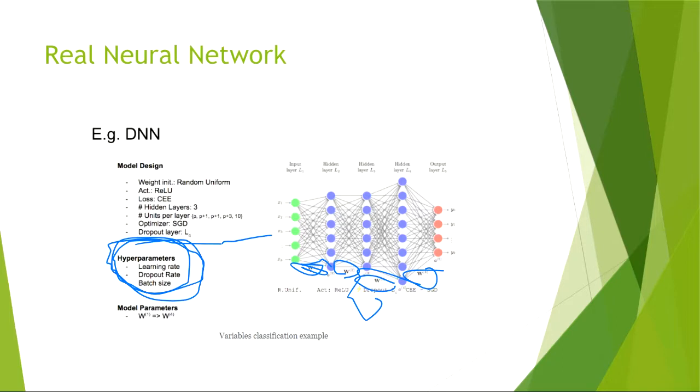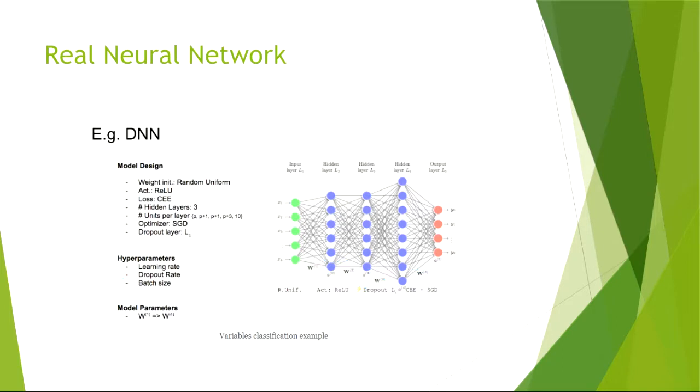This W is all the weights between the input layer and the hidden layer. This one is the weight of the second layer, this one is for the third layer, and this one is for the fourth layer. Here we are not calling it a hyperparameter, just a parameter.